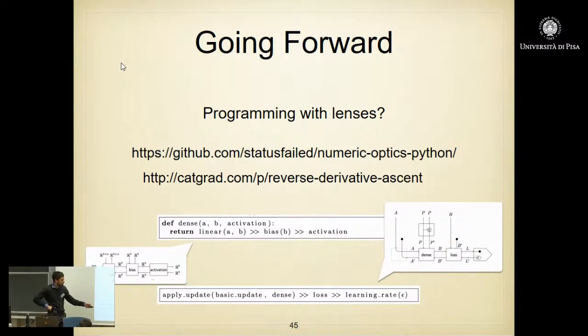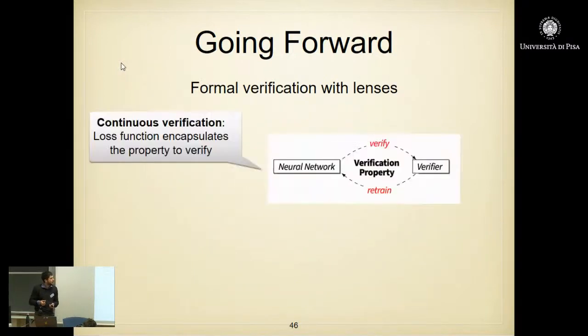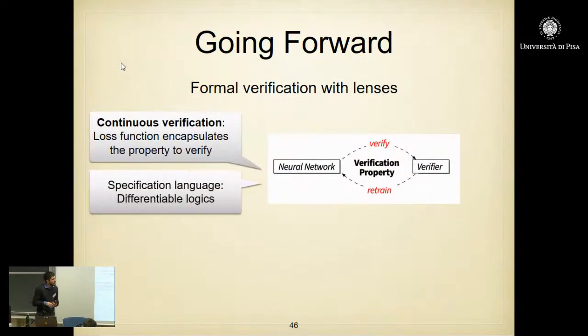This is something you can also do as a programming practice, and it's very different from what you do normally. You would not compose functions in order to do learning, but here you can do so. So this thing here suggests a functional style of programming with neural networks, which I think could be interesting and worth investigating further.